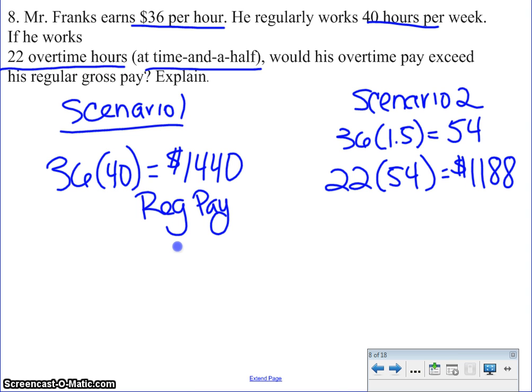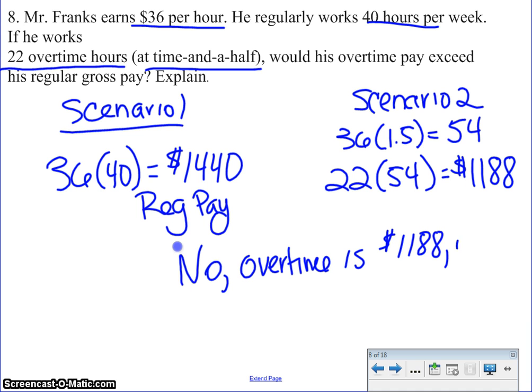And so the question says, would his overtime exceed the regular gross pay? The answer is no. Overtime is $11.88. Regular time is $14.40. And that's sufficient to explain.